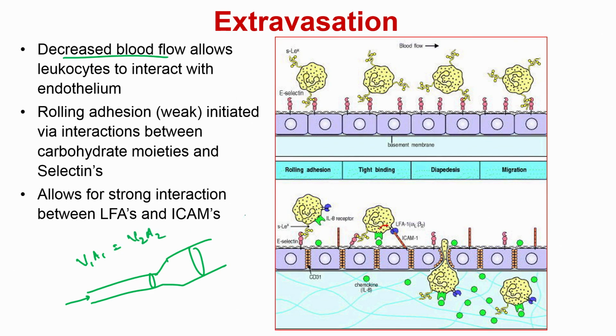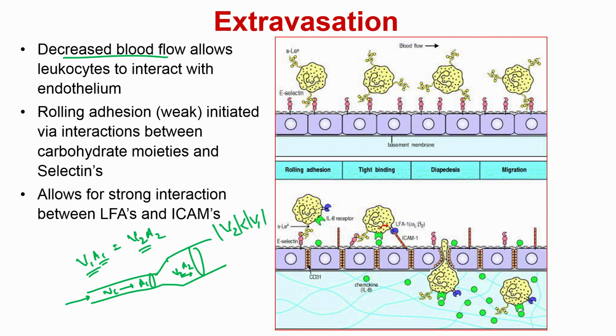Now A1 is small, whereas A2 is large, and because of that V1 will be higher and V2 will be less than V1, in magnitude; the direction of course remains the same. Because of that, there is a decreased blood flow through the endothelium.